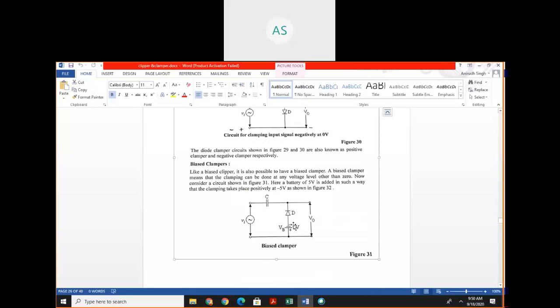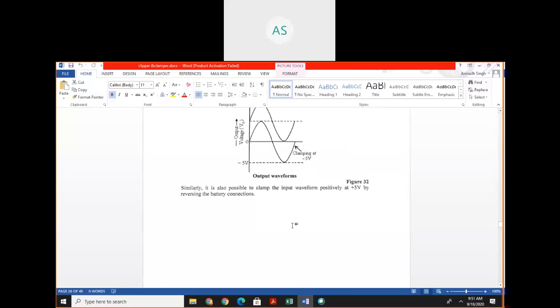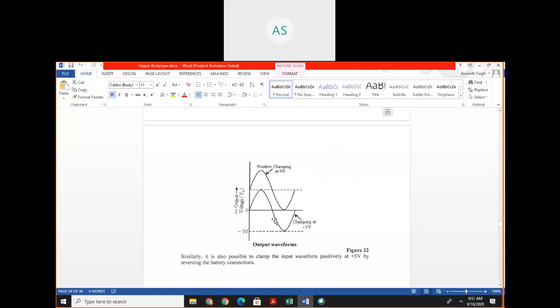For when we change direction of diode, in this case, positive.